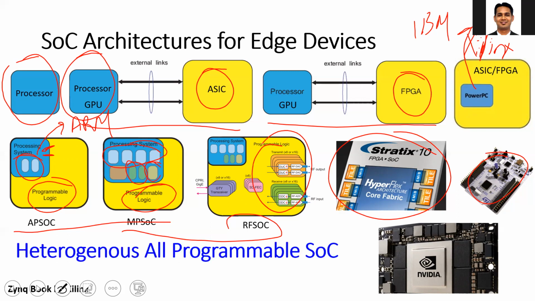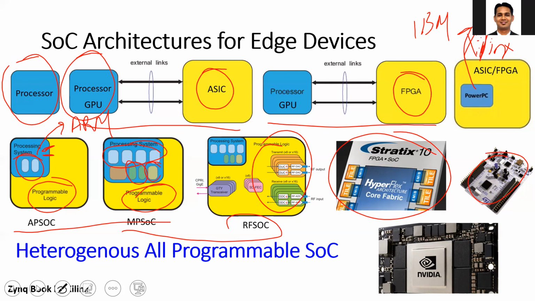We call these SoCs heterogeneous all programmable SoCs. You are aware of what an SoC is. All programmable means everything is programmable. Your FPGA, which is field programmable, is no longer an ASIC. Your processor is multi-core, it is software, it is programmable, and it's heterogeneous.